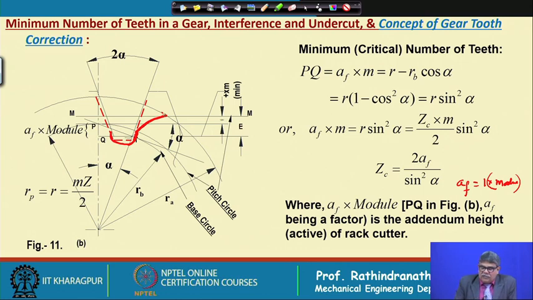So, therefore, with a teeth number less than this critical number, the tooth form will be something like this.